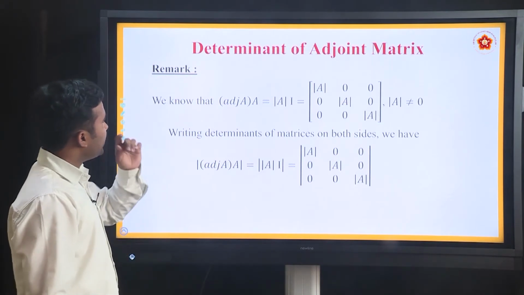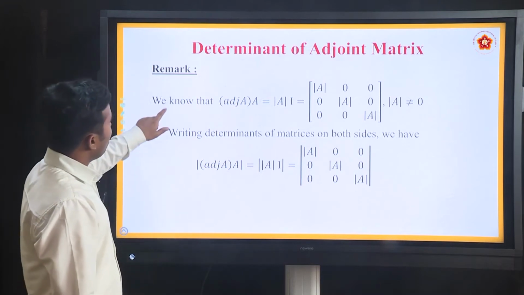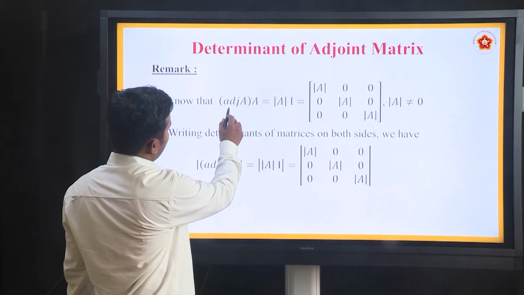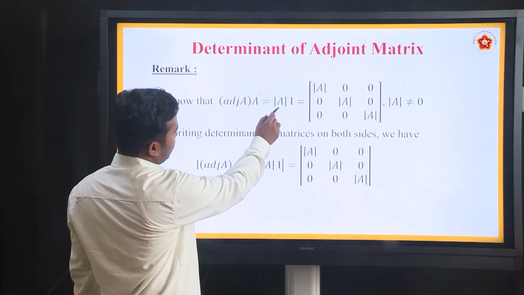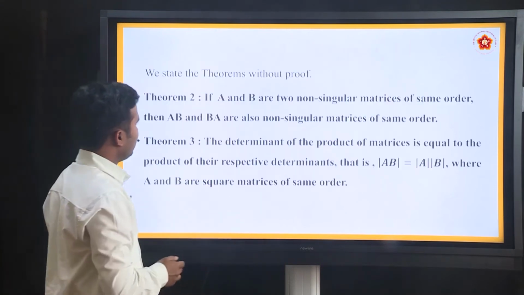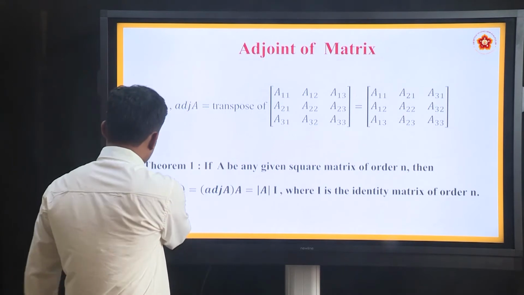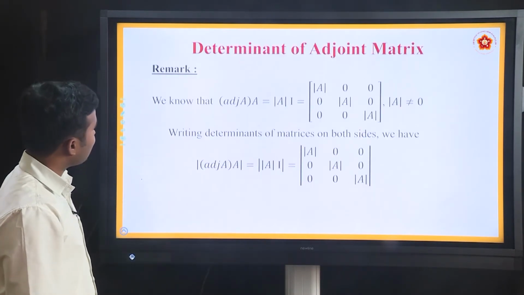Next, determinant of adjoint matrix. So what is that? We know that, from theorem 1 we said that adjoint A into A is equal to determinant of A into I. In theorem 1 we have this expression, as we have proved it as a remark.